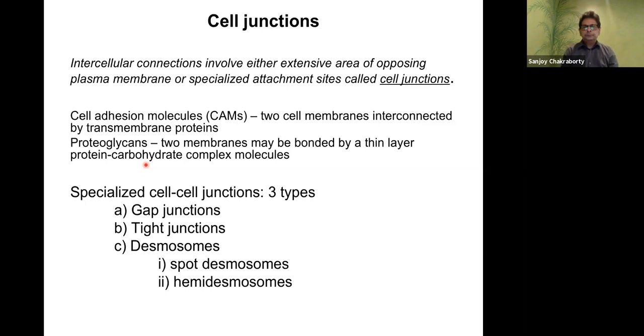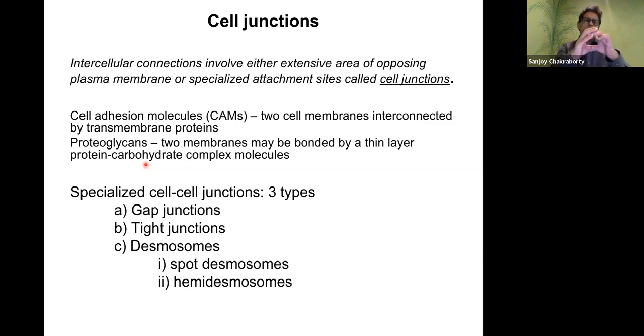Desmosomes, the name came from a name of proteins, but basically they are a lot of CAMs and proteoglycans together. Depending on the structure of the protein, we used to call them three types: button, belt, and hemi. Nowadays, button and belt together, we call two types of desmosomes, spot and hemi.